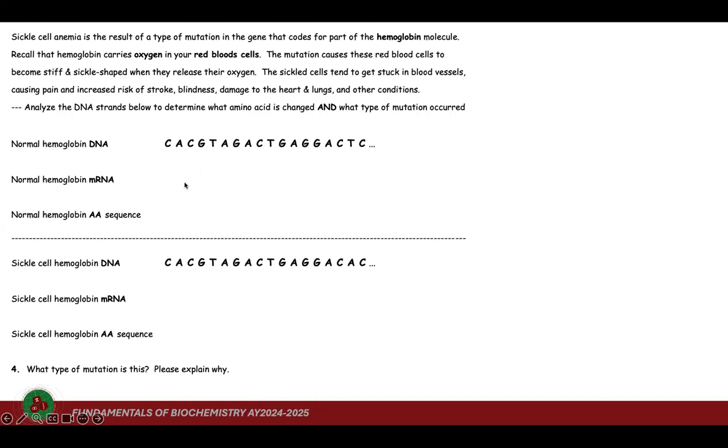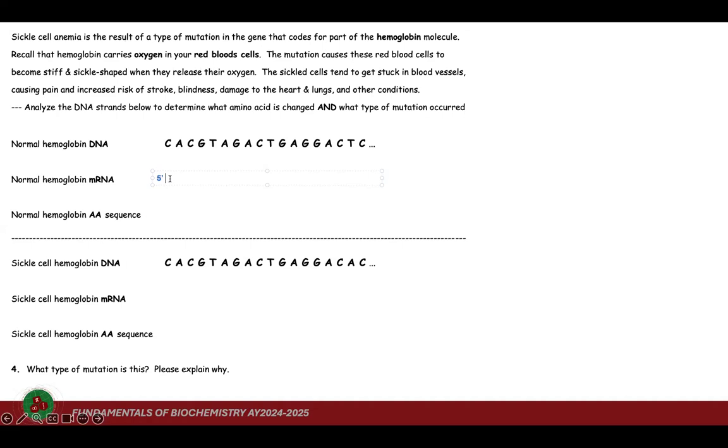So we're going to look at the mutation. So let's write the mRNA transcript first. So again, this is a segment of the hemoglobin DNA.